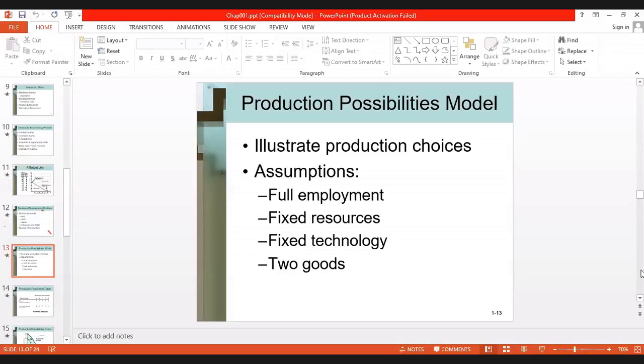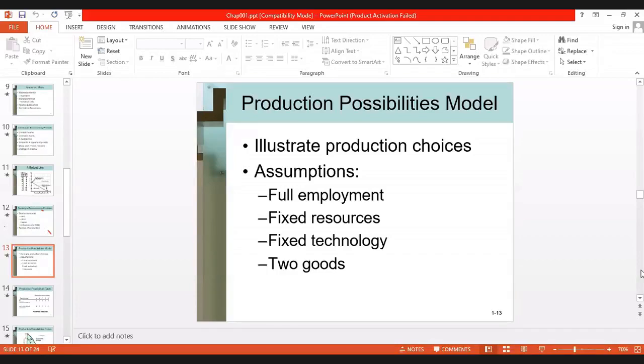We studied 4 factors of production: land, labor, capital, entrepreneur. All these factors are fully employed, fully used. That is one assumption. Also, all these resources are fixed, not changing. Then only can we show it in a graph. If it is changing, we cannot show it, so we have to make that assumption.